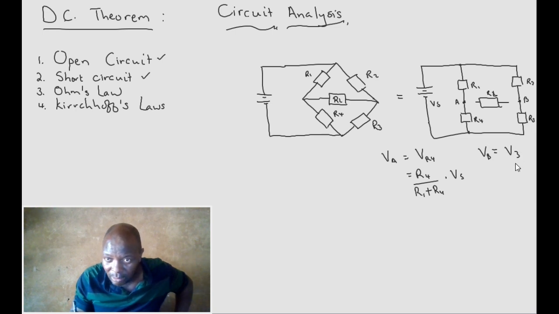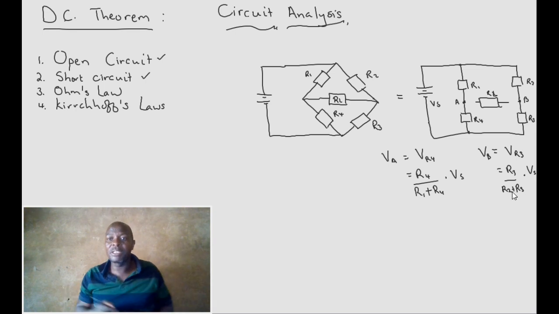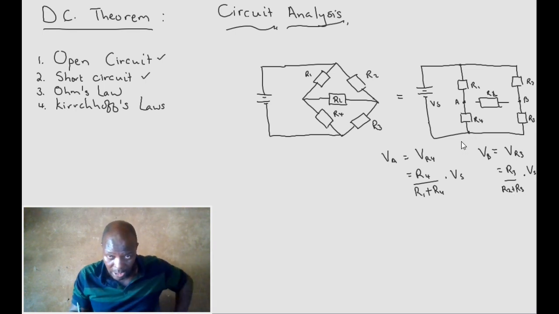V across R3 is given by R3 itself over the total. These two are wired across the supply, so these two are sharing the supply. That will be R3 over R2 plus R3 times the supply. This is just our voltage divider. All right. So it's very important to know this.